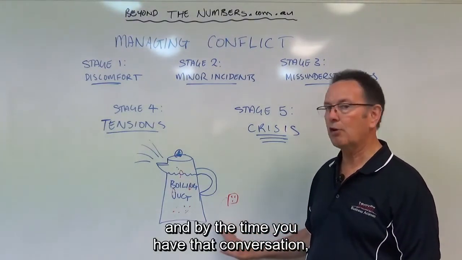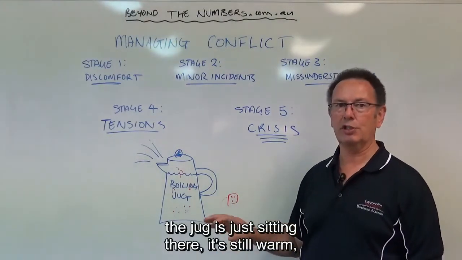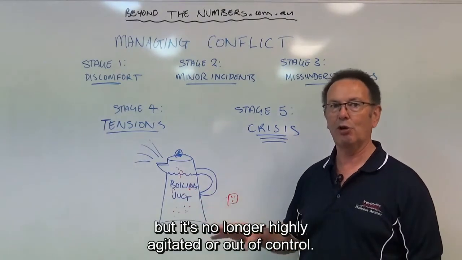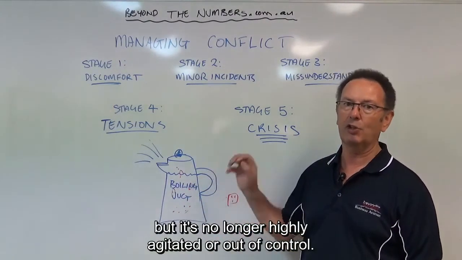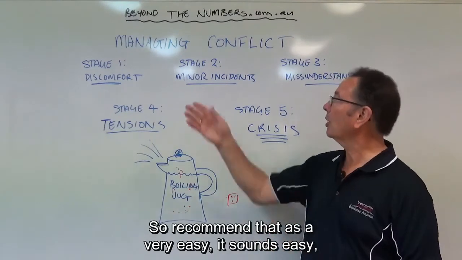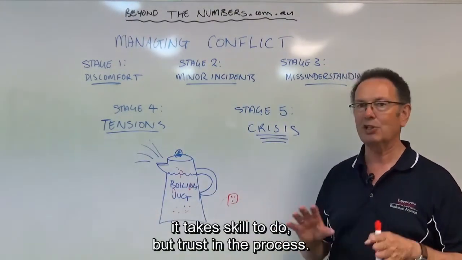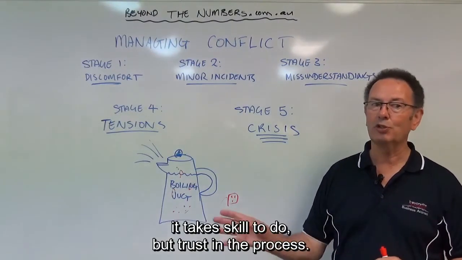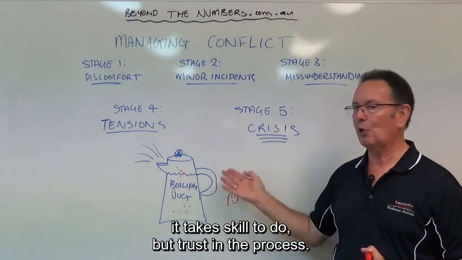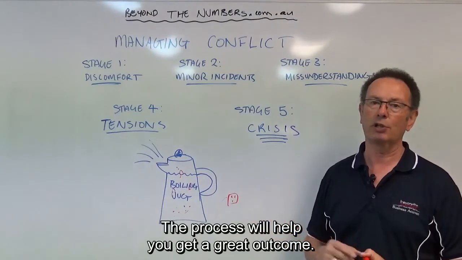And by the time you have that conversation, the jug is just sitting there, it's still warm, but it's no longer highly agitated or out of control. So we recommend that as very easy, it sounds easy, it takes skill to do, but trust in the process. The process will help you get a great outcome.